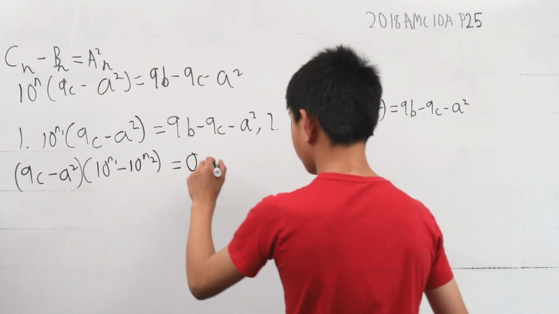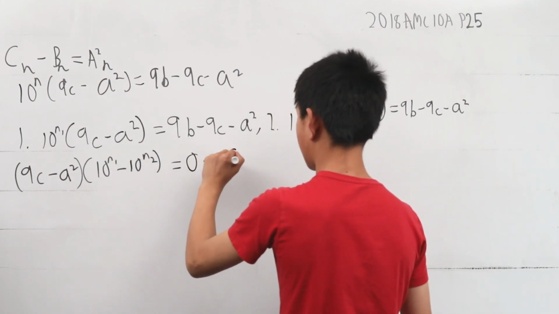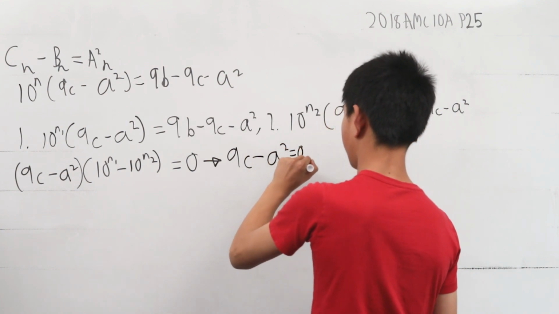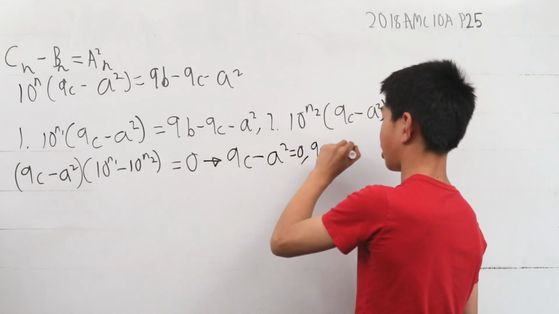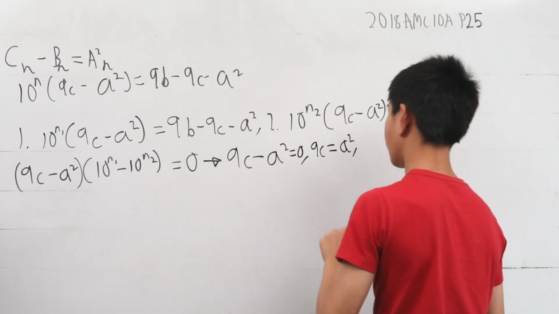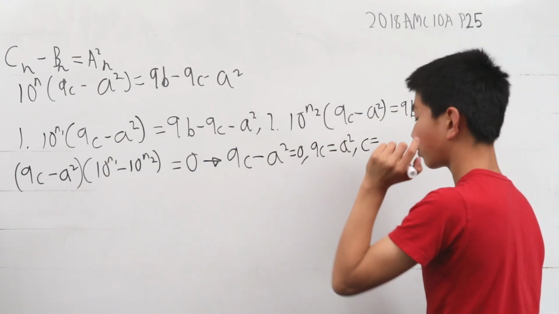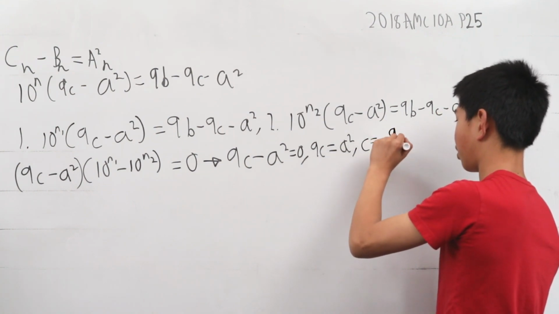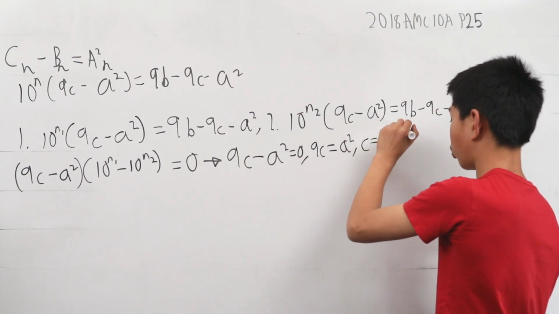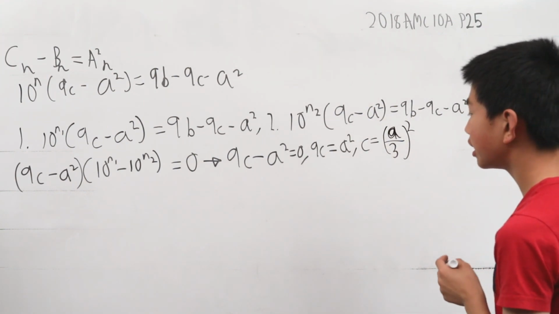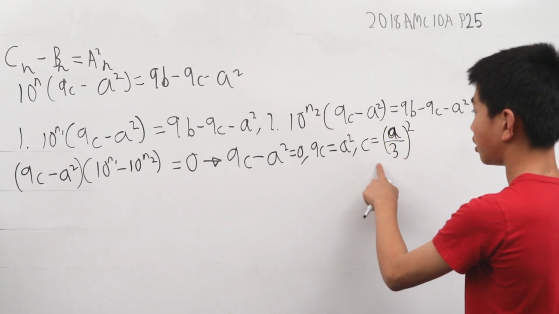So we get that 9c minus a squared is 0. 9c is a squared. So c is equal to a squared over 9, or (a over 3) squared. So we found a criteria for c.